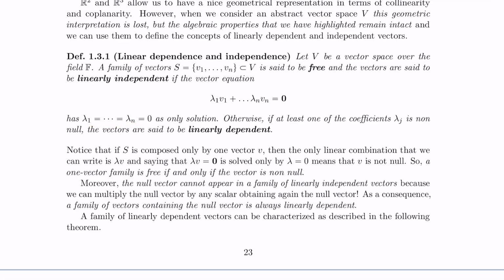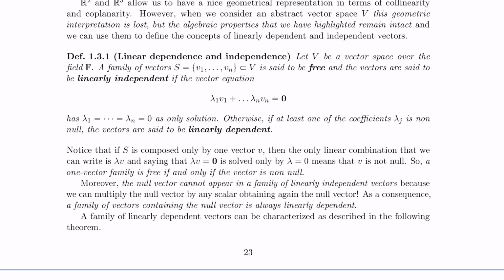Otherwise, if at least, pay attention, at least one of these coefficients, lambda j, is non-zero, then the vectors v1, ..., vn are said to be linearly dependent.